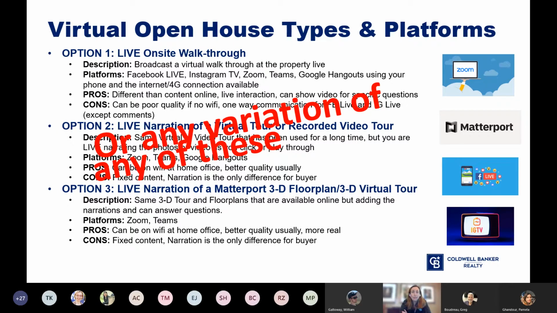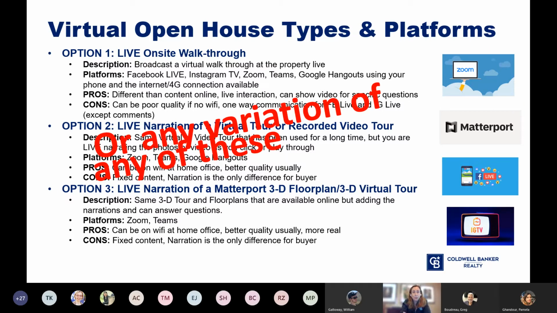The second option is a live narration of a virtual tour or recorded video. So you saw that yesterday if you were on our virtual brokers tour, where there's content of some sort of a virtual tour of a slideshow, or there's a video that was taken, very high res, very high quality. You're sitting at the comfort of your home office right now on strong Wi-Fi, so the connection and the quality is really great.